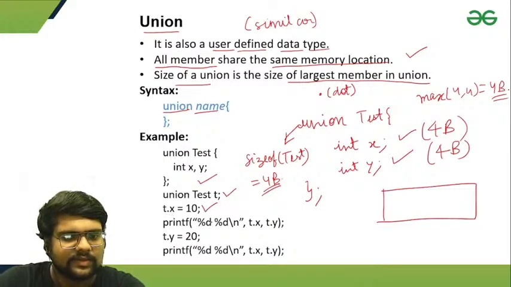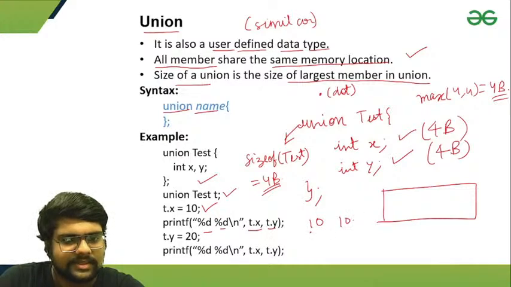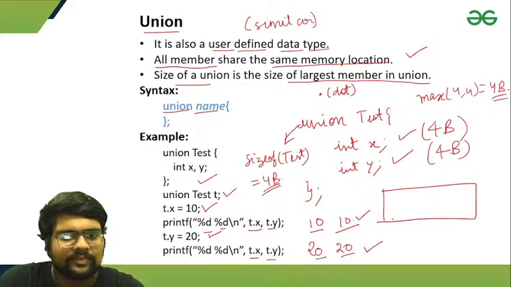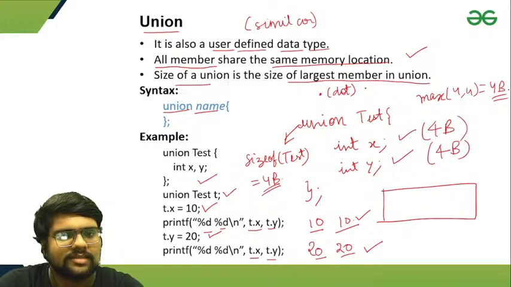When we print t.x and t.y, it will print 10, 10, because x and y use the same memory location. And when we do t.y equal to 20 and print t.x and t.y, it will be 20, 20. So this will be the output. In union the same memory location is shared by all the members, and the size of the union is the size of its largest member.